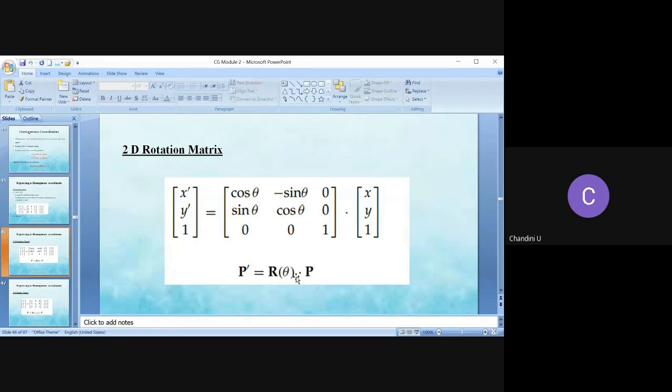The original object multiplied by the rotation matrix will give you the required rotation. The only thing to note is this matrix, cos theta, minus sin theta, cos theta. You have to know it to specify in the program, because in the program you have to specify this rotation matrix. Then you have to give the original coordinate values.